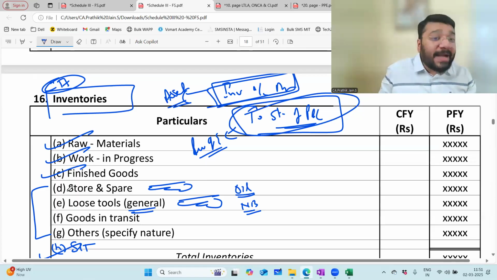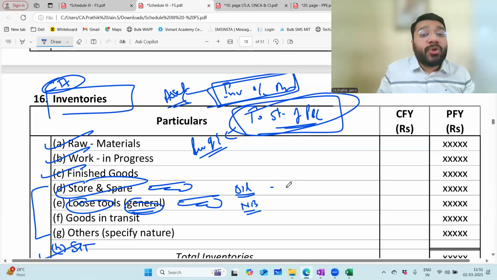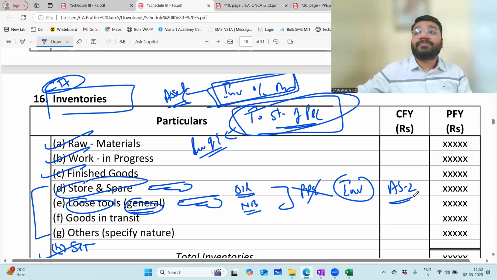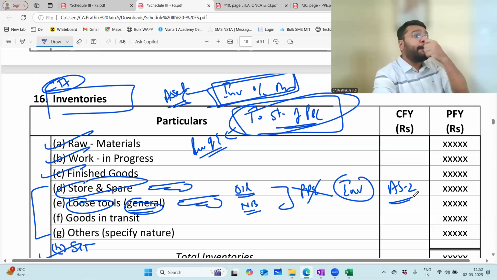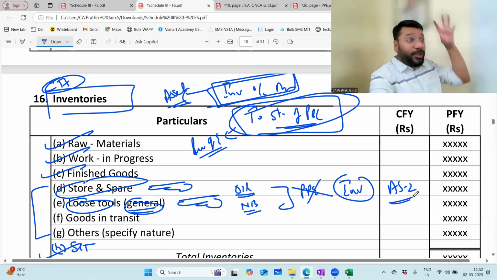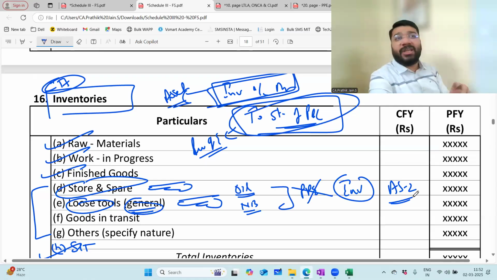Accounting standard 2 says very clearly, if you have any stores and spare parts, or any loose tools which are general in nature, you are not supposed to take them to PPE, you will take them to inventory. Who is saying this? Accounting standard 2. Where did we study this? CA Foundation. Do you remember? Loose tools and spare parts, if specific in nature, where I can use that spare part only for that particular machine and not for any other machine, that is my asset.